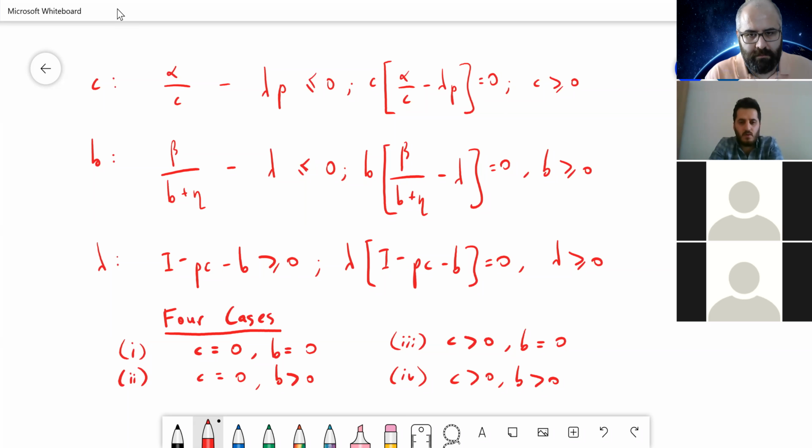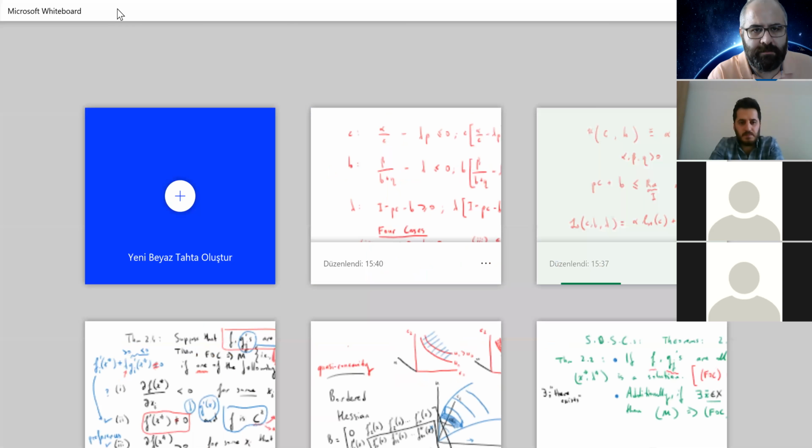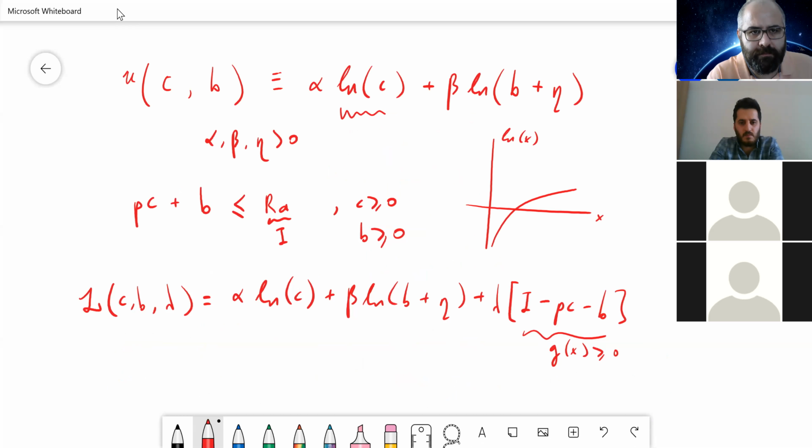Because c cannot be 0. C cannot be 0. Why is that? Because it goes to infinity. Yes, if c is equal to 0, because of the utility function, because of this term, the parent is punished, okay?